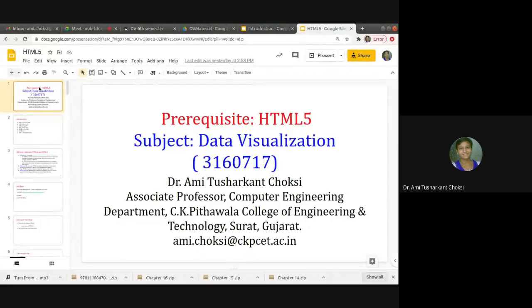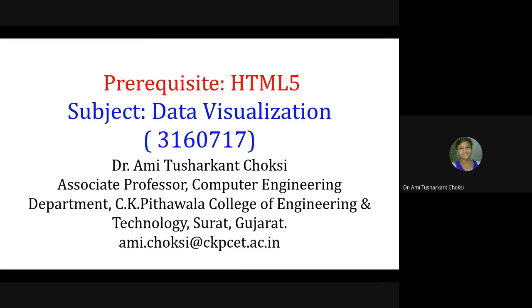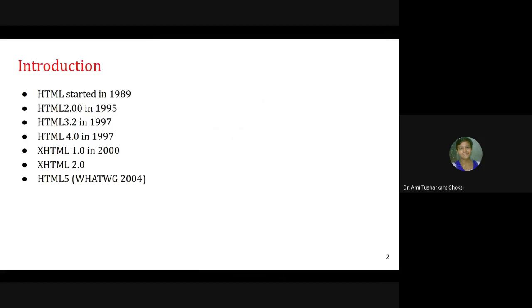So, what do we say about that? For HTML5, in our subject, data visualization. So, first of all, HTML started in 1989, HTML 2.0 in 1995, HTML 3.2 in 1997.